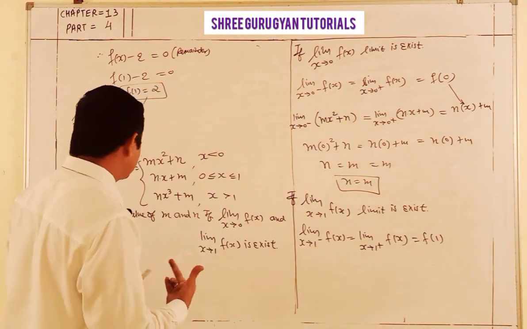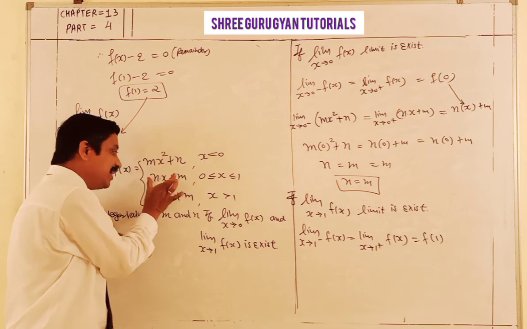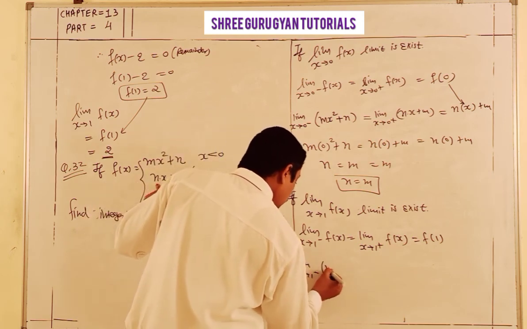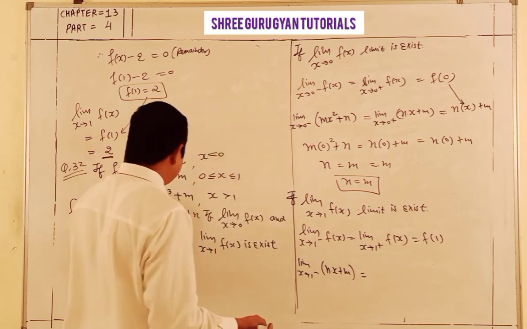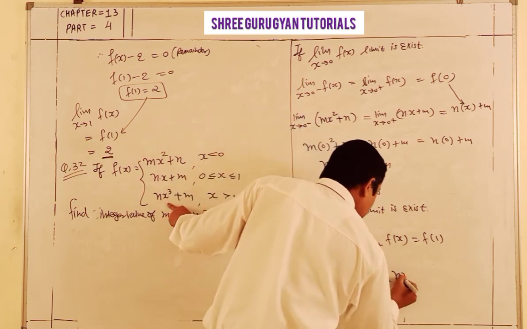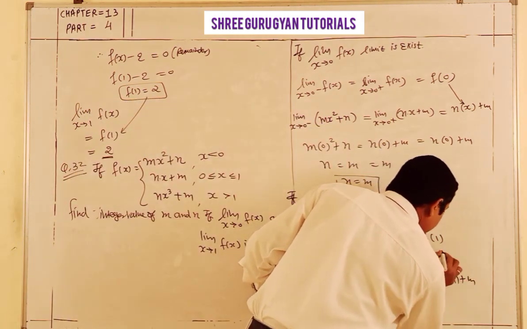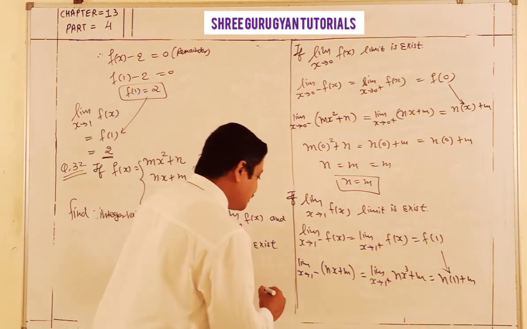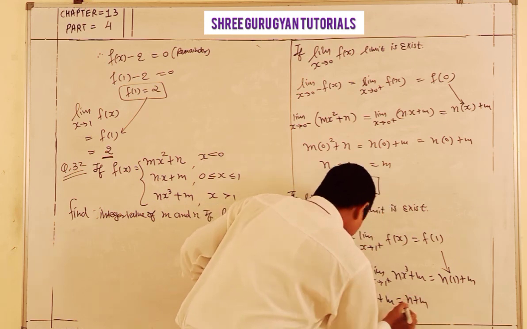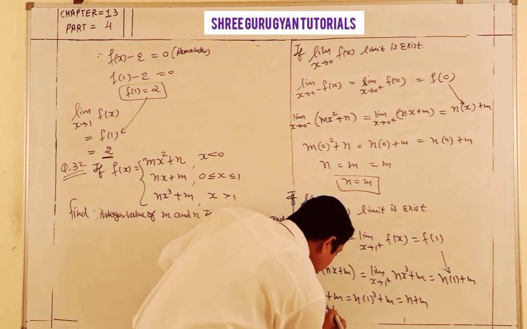In simple way, x tends to 1 from the left uses this function, more than 1 uses this function, and exactly f(1) again uses this function. So from the left it is nx plus m, exactly f(1) is nx plus m, and from the right it is nx cube plus m. So n times 1 plus m equals n times 1 cube plus m. It means for any integer value of n and m, because they are the same, n plus m is equal.